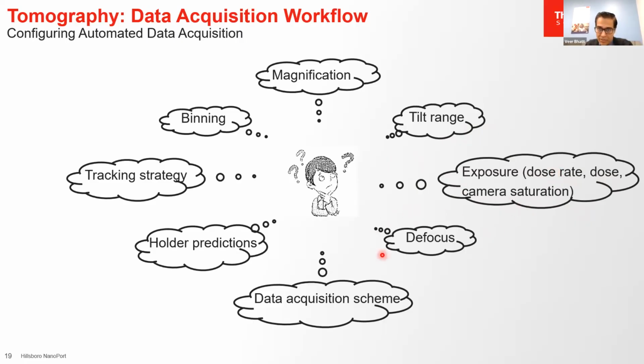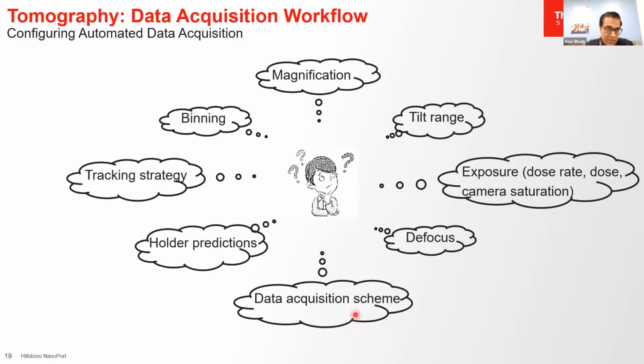So next is defocus. For many very heavily stained samples, we don't need to use a lot of defocus, but oftentimes, especially for dose sensitive and cryogenic samples, we do rely a lot on defocus because that's what brings in phase contrast, and we rely on phase contrast in turn to basically see what we want to see.